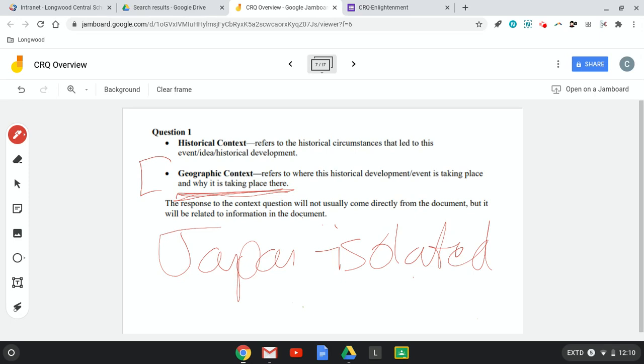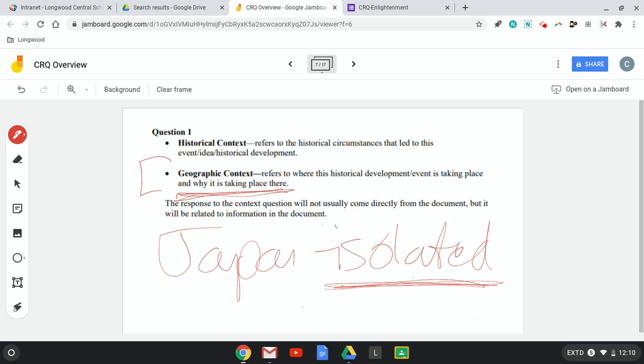It's also far off in the east, so it wasn't on the typical trading routes of Europeans, which further added to its isolation. These are the elements of geography that caused Japan to be isolated. So we would need to explain the geographic reasoning for why the document is talking about what it's talking about.